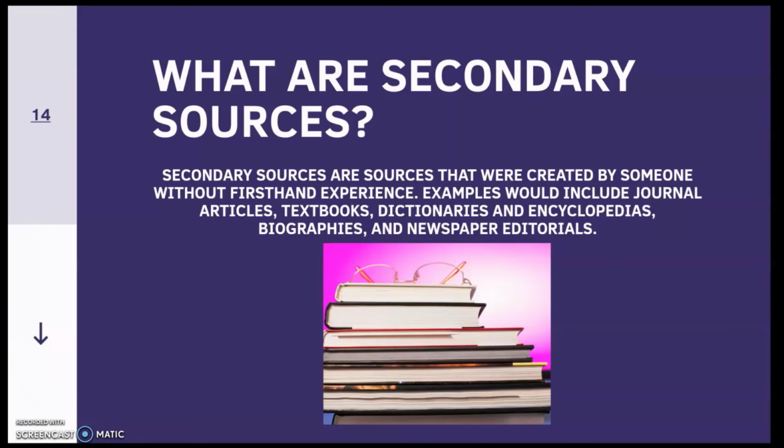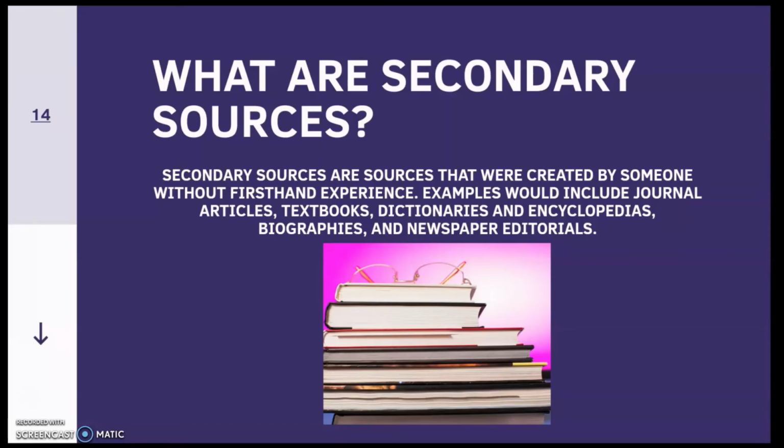Say you have an idea or a critique and you want to use research to support or to counteract your ideas, then secondary sources would be your go-to.